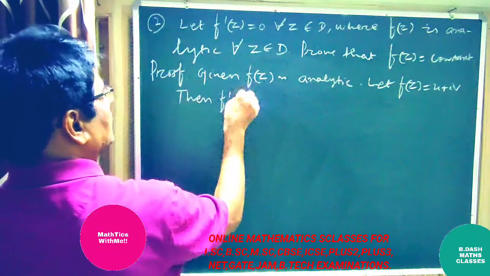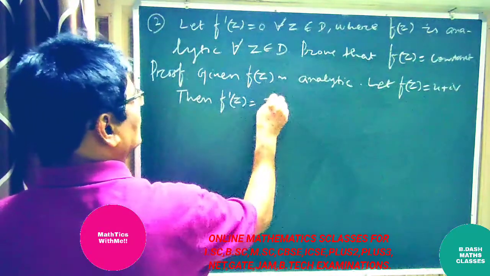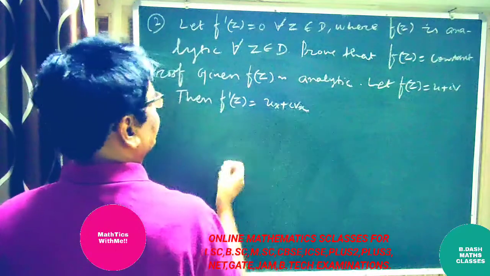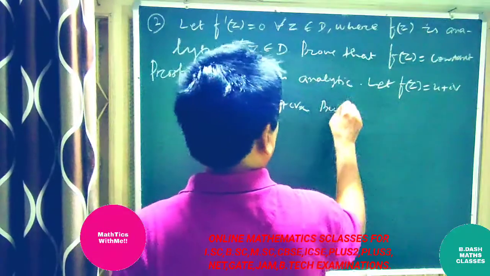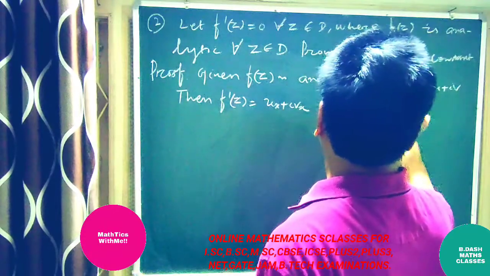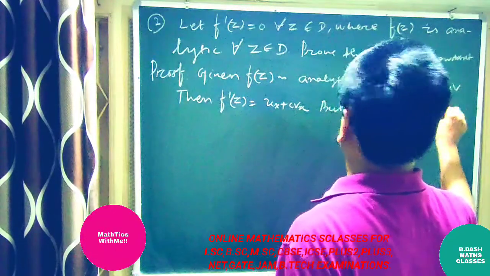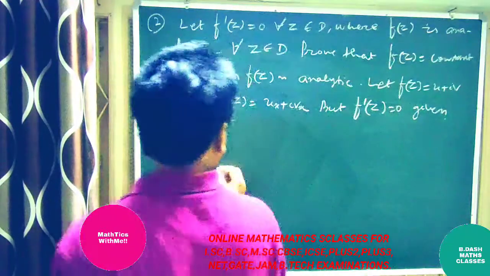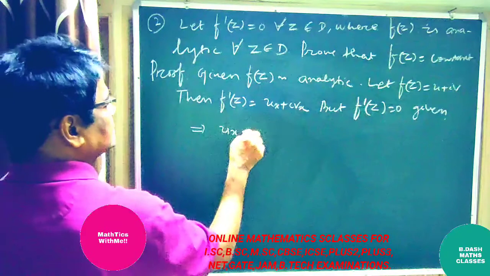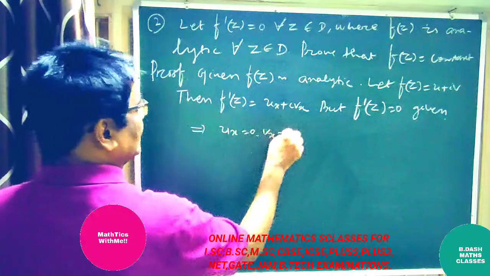Then f dash of z is equal to ux plus i vx. But f dash of z is equal to 0, it is given. So as it is given, this implies ux is equal to 0, vx is equal to 0.